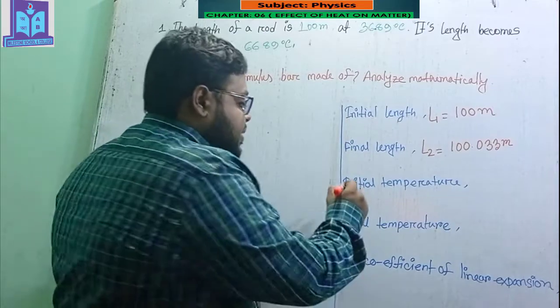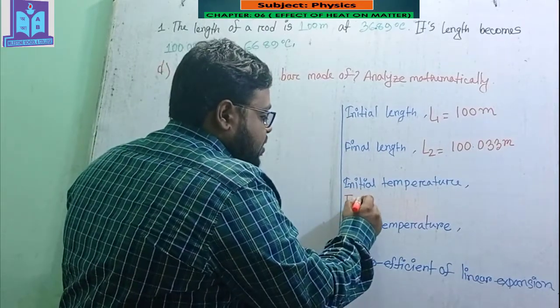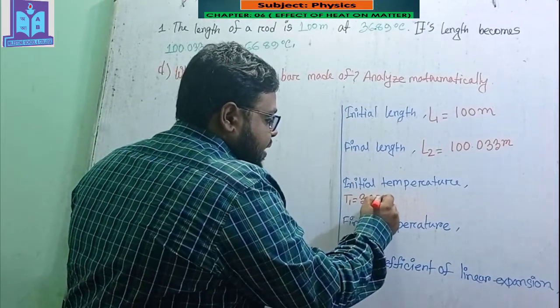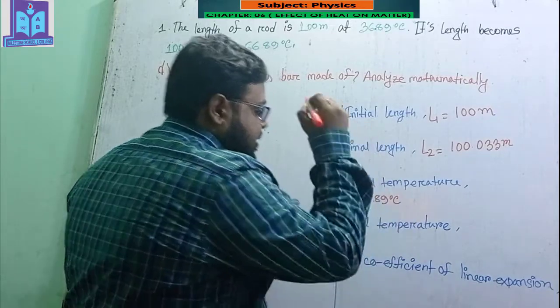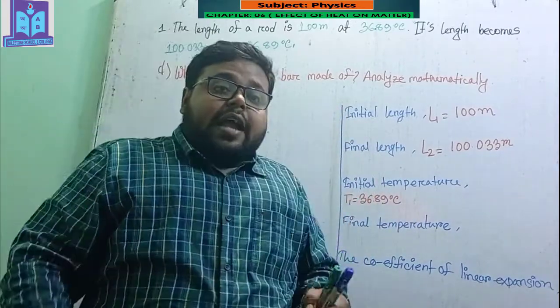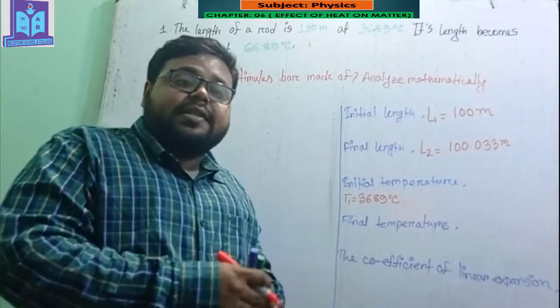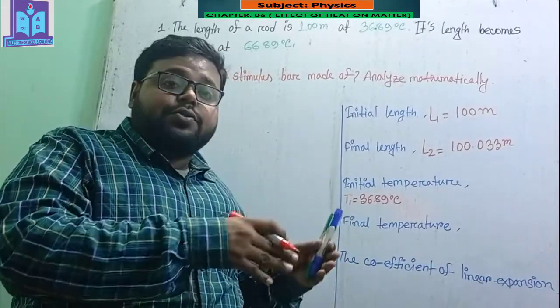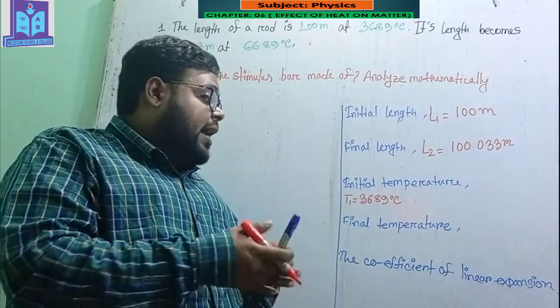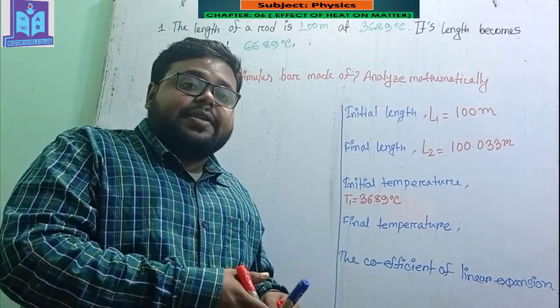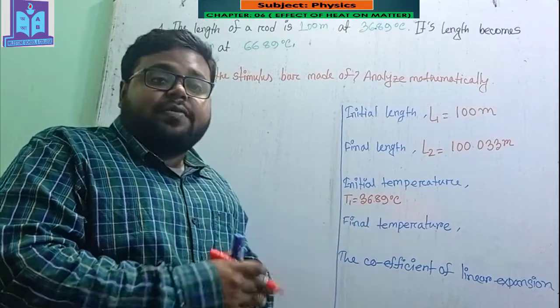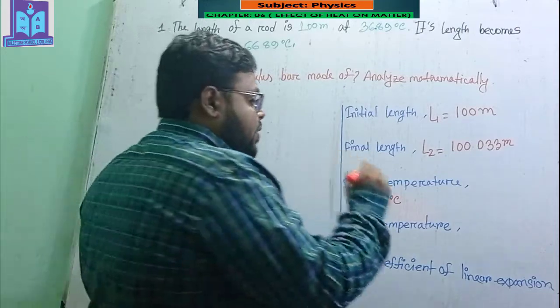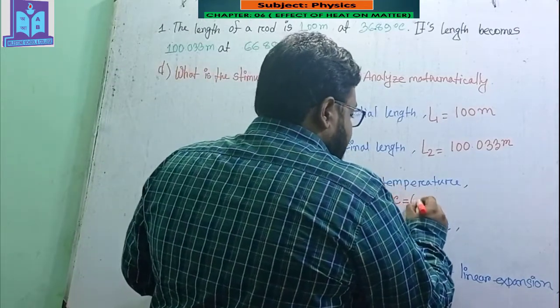Initial temperature T1 equals 36.89 degree Celsius. At first I have to convert this degree Celsius to Kelvin, and if I want to convert this, then I have to add 273 with this value.